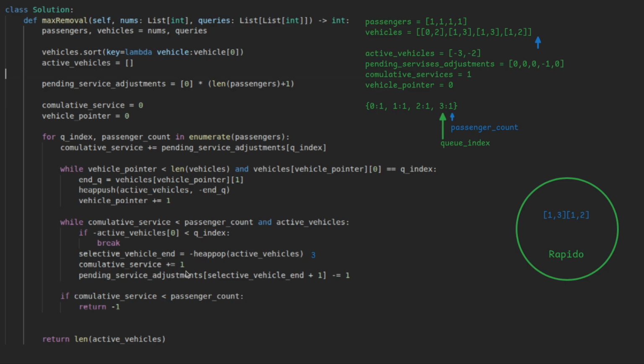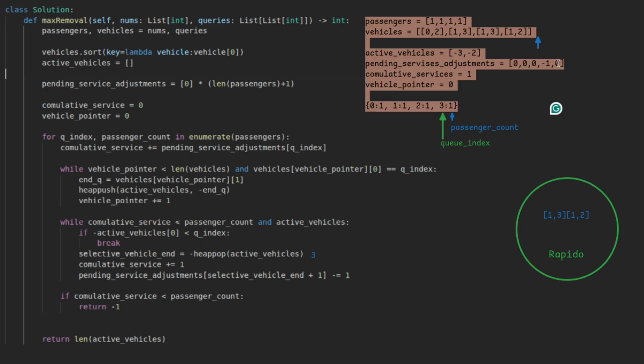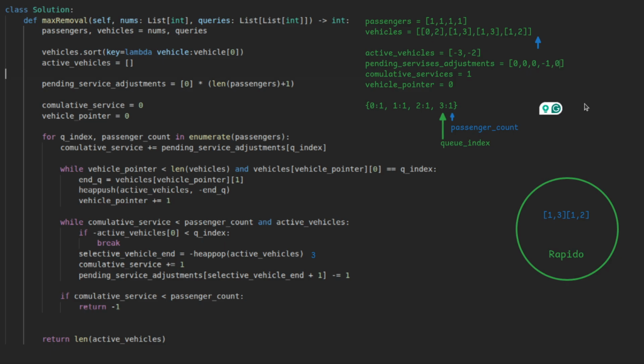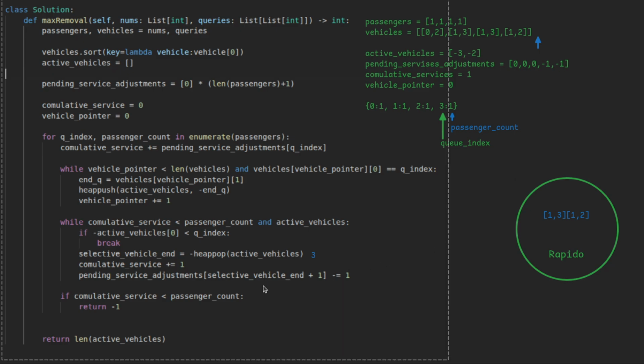Now we are saying that cumulative services is +1 and the pending adjustment, end of it is 3, so I will do -1 at 4, right? So this is here and pending services is -1, right? Now the cumulative service is 1 and passenger count is 1, so it will come out of this loop.